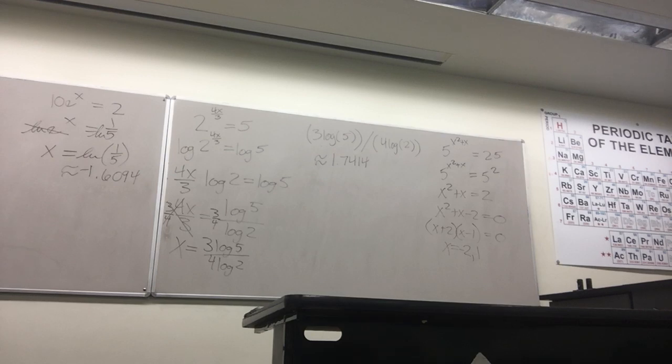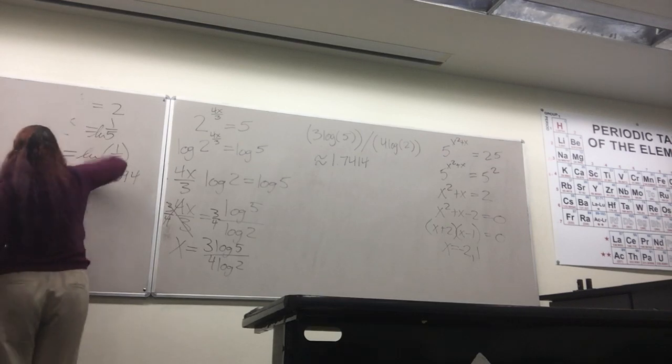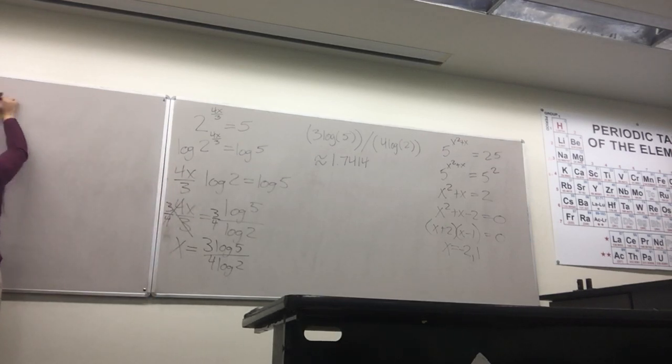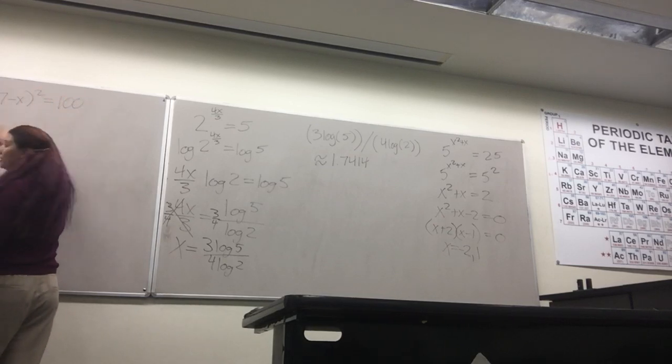Same base, so the insides are equal. So 7 minus x all squared over 2 equals 50. Then what? Multiply the 2 over. So we then have 7 minus x squared equals 100.